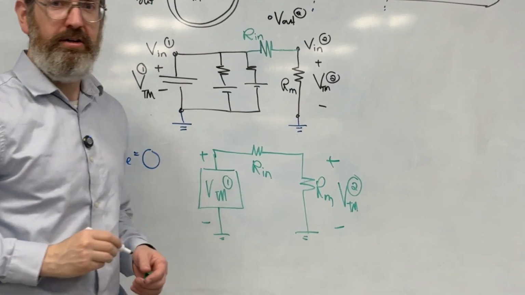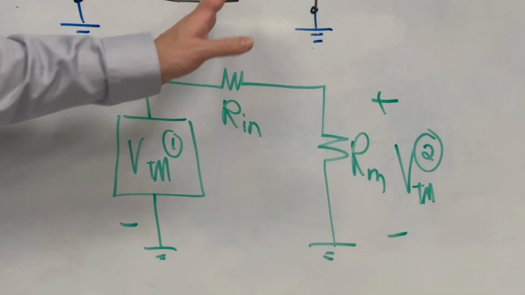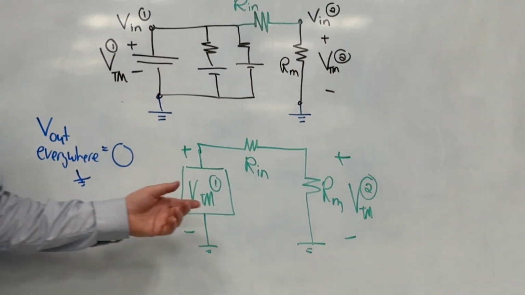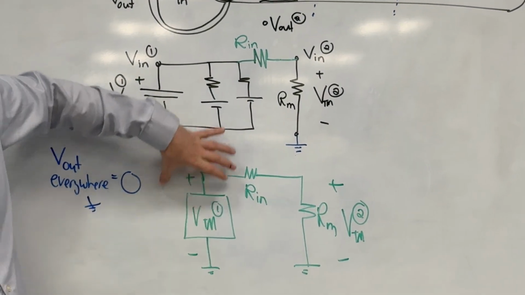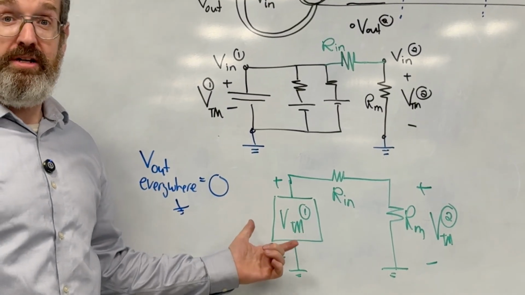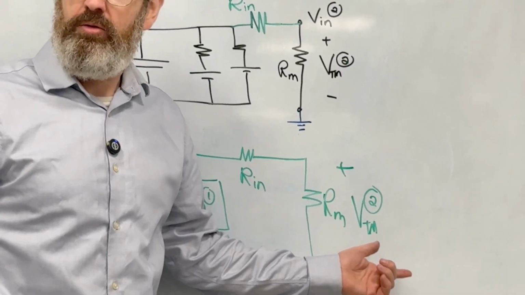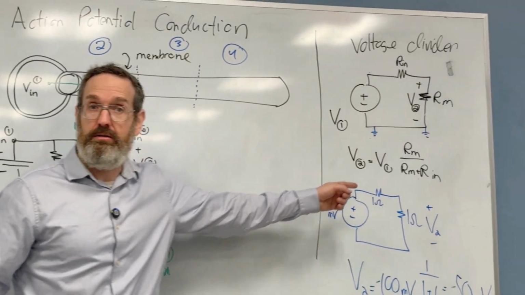And look what we have done, or nature, or God, however you see it. Look what has happened here. All of a sudden, we can see that this voltage at this location, remember this is location 1, that's why I'm using this notation, will be transmitted inevitably to location 2, based on the same principles that we understand from voltage divider.